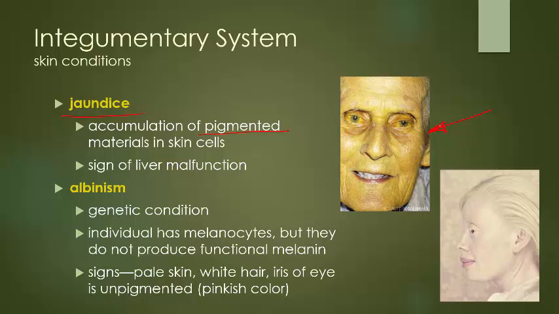And then there is finally a condition known as albinism. It's a genetic condition. People who are albino have melanocytes. In fact, they have a normal number of melanocytes.